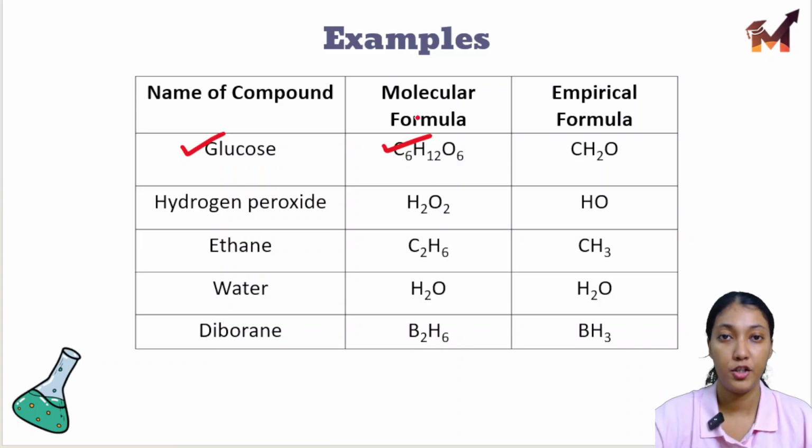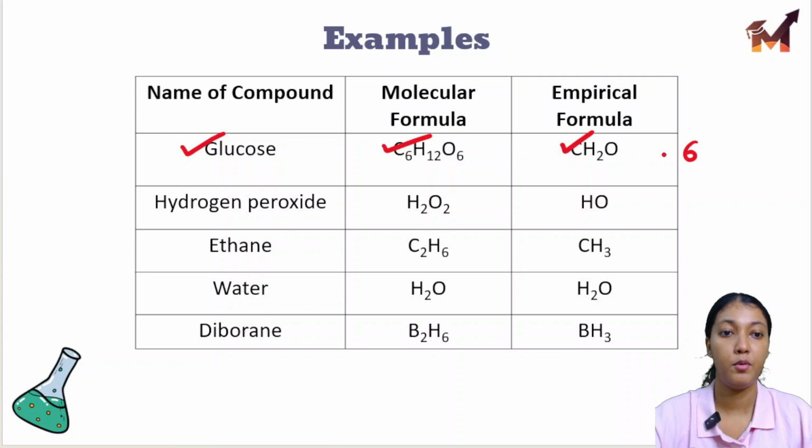अब इसका अगर simple ratio निकाले तो we will get the empirical formula which will be CH2O. मतलब यहाँ पे हमारा common factor है 6. If you multiply all the atoms by 6, you will get the molecular formula. So if you divide this by 6, you will get the simplest whole number ratio, which is CH2O, the empirical formula.